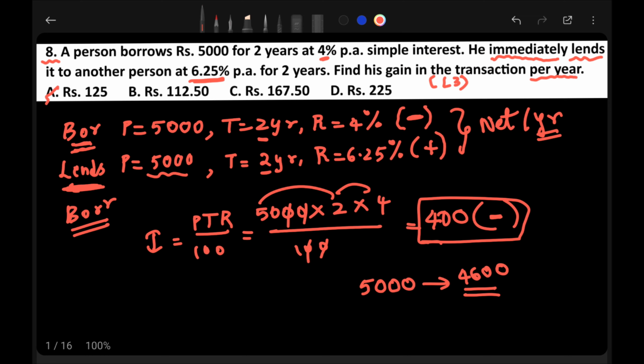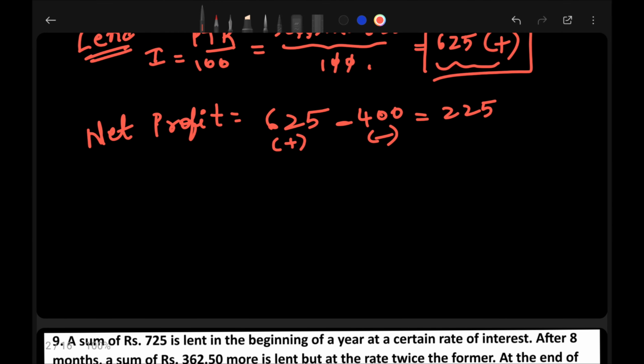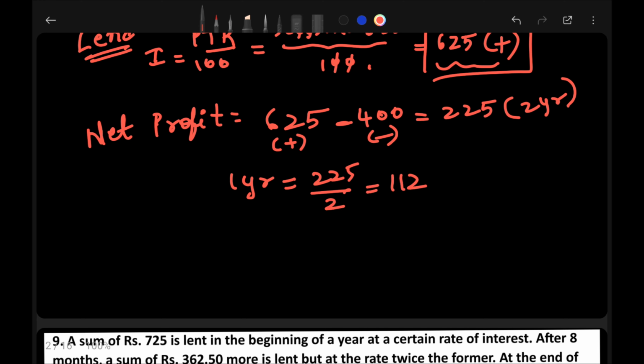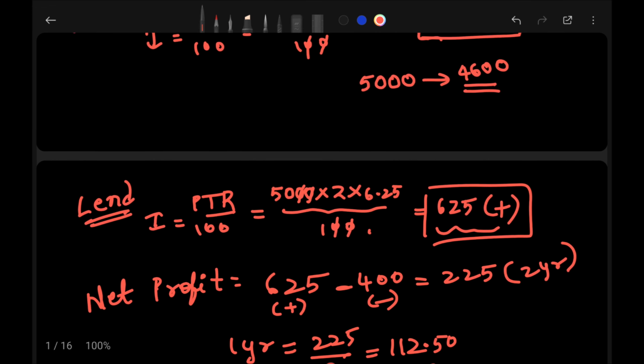Wait, what did he ask? Per year, not for 2 years. We calculated for 2 years. Now this is the amount for 2 years. How much is it going to be for 1 year? Simple, 225 by 2, which is 112.50. Is this answer in the options?